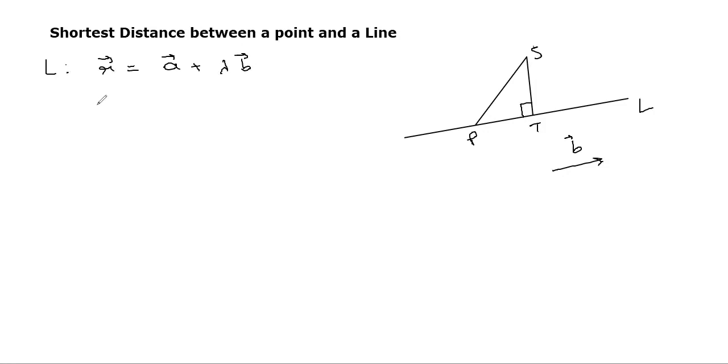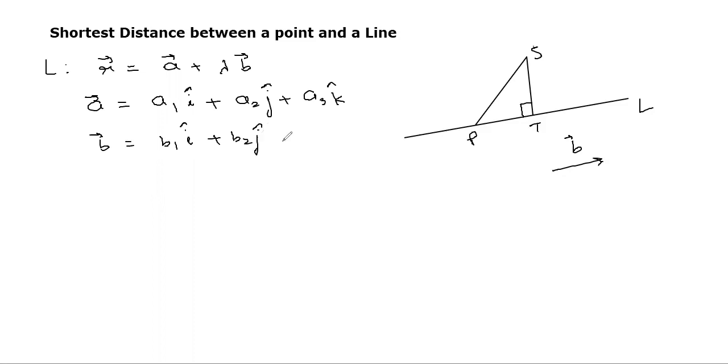With vector A being A1i plus A2j plus A3k, while vector B is B1i plus B2j plus B3k. Vector B has to be a vector along the line, or parallel to the line.